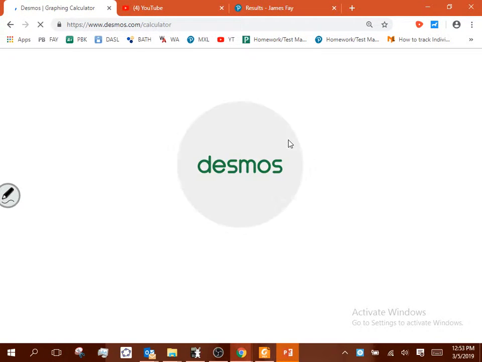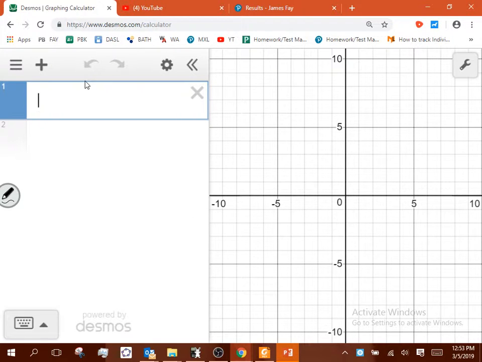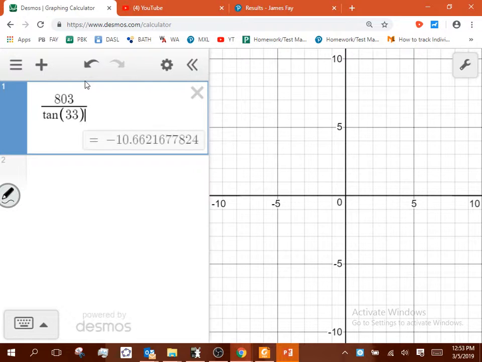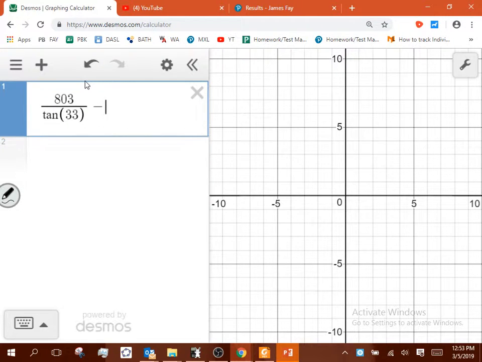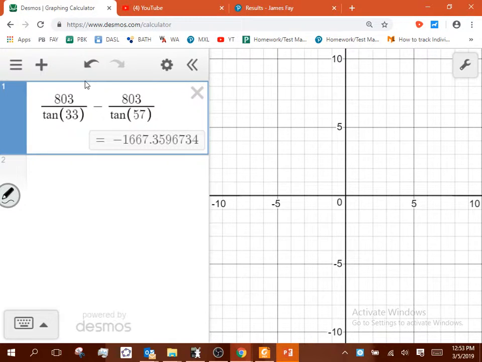All right, so now, when we type this in, you can do this multiple ways, you can do them separate. I'm going to go 803 divided by tangent 33 minus 803 divided by tangent 57, right? Okay, did you get a number like that? I'm sorry, I'm in the wrong mode.